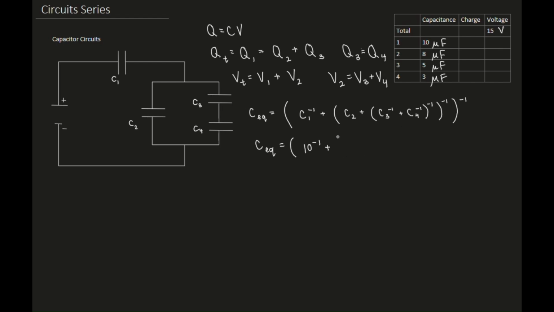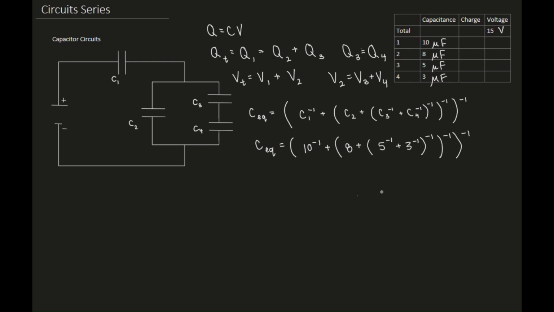So plus, in parentheses, I've got 8. This has not been inversed yet, so it's 8 plus, and then I'm going to inverse it at the end. So that stays 8, plus the inverse of 3, which is 5 inverse, plus the inverse of 4, which is 3 inverse. That gets inversed, close it, that gets inversed, close it, that gets inversed.